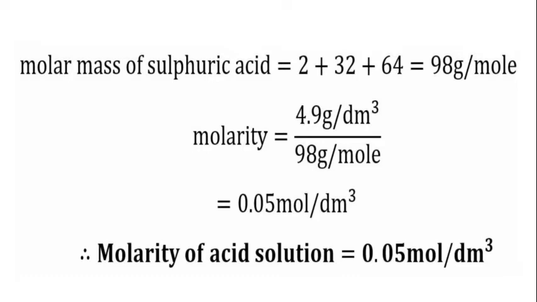The molar mass is 98 gram per mole. So molarity of sulfuric acid is concentration over molar mass, which means 4.9 divided by 98, and the value is 0.05 mole per decimeter cube. So the molarity of acid solution is 0.05 mole per decimeter cube.